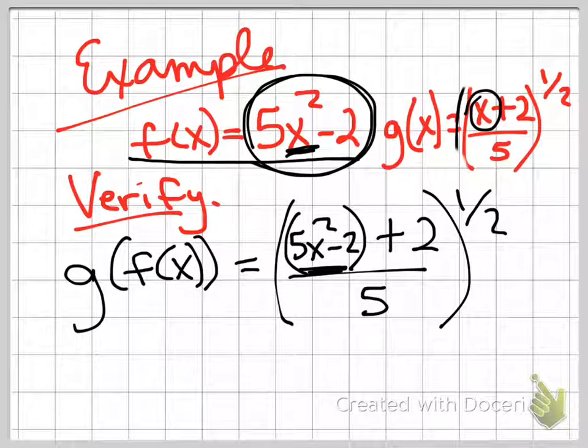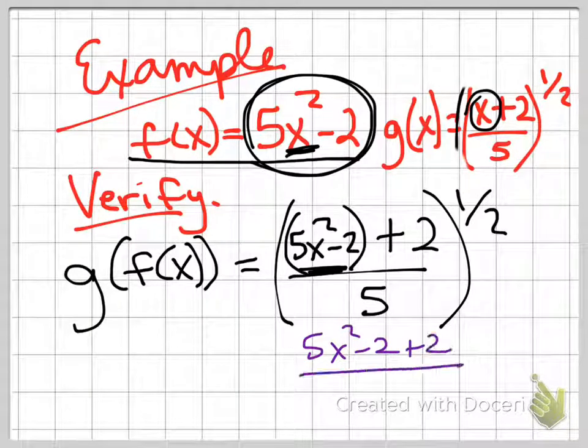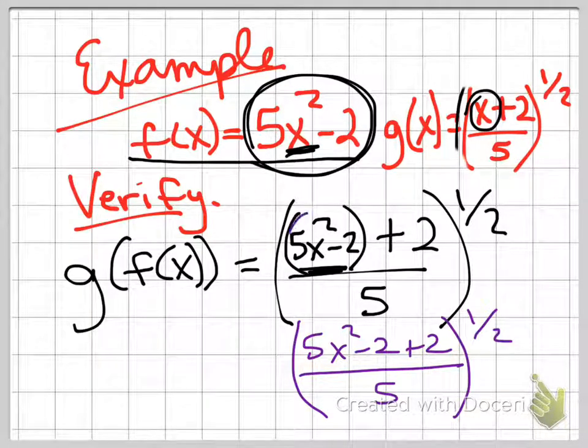So I have 5x squared minus 2 plus 2. All I did in this step is take these parentheses away. So 5x squared minus 2 plus 2, well, the 2's are going to cancel. After the 2's cancel, I'm left with just 5x squared over 5.